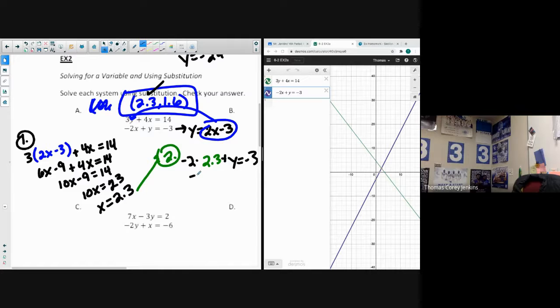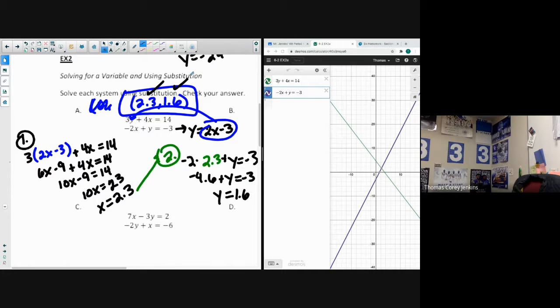So that's negative 4.6 plus y equals negative 3. Add 4.6 to both sides to get y equals 1.6. So that checks out as well. Okay. So hopefully this is all making sense to you.